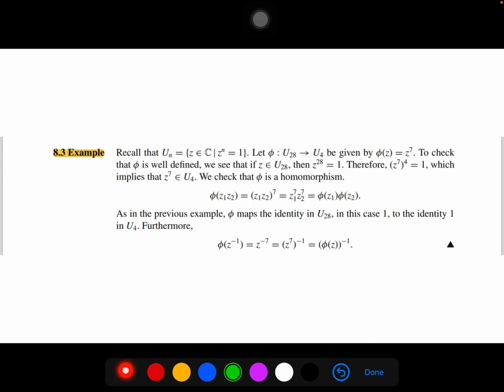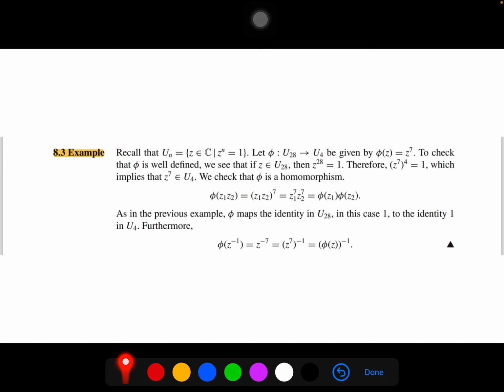So recall our nth root of unity, U_n. All of you should already be keen about what are the complex numbers in here. We're talking about all the complex numbers that, when we raise them to the power of n, equal 1, and we have seen before nth root of unity will have n elements.